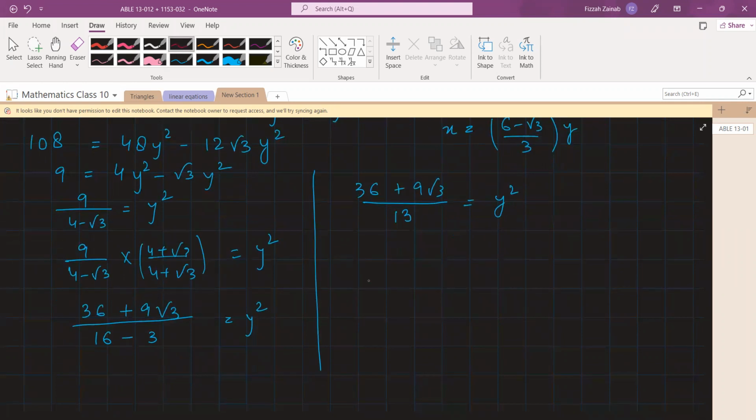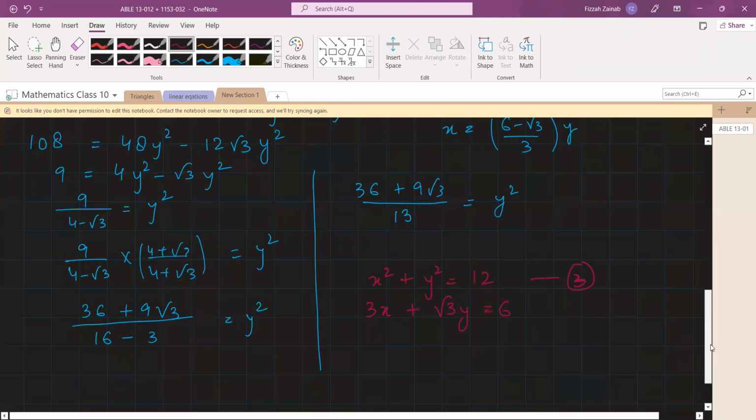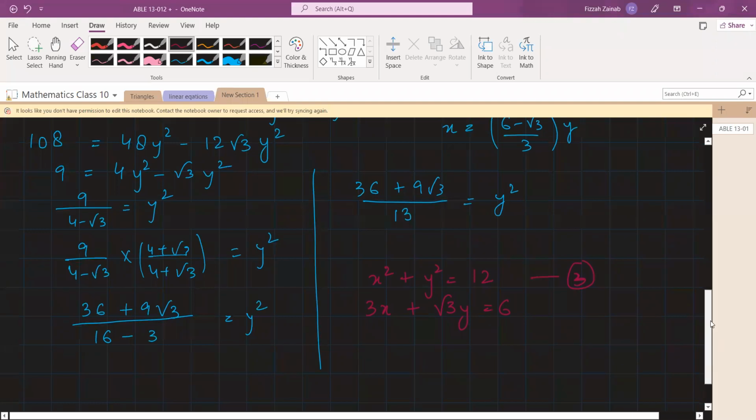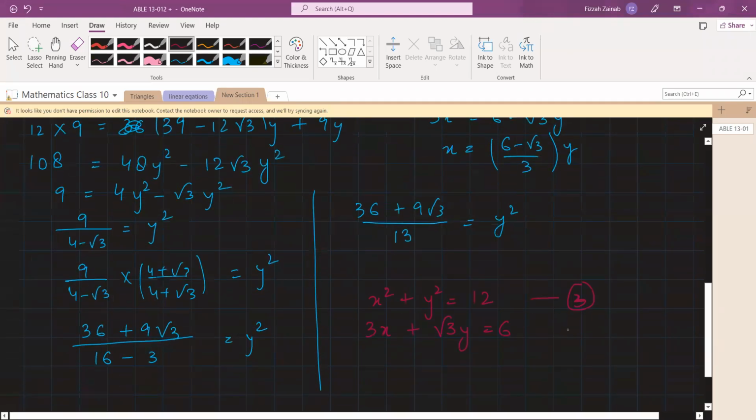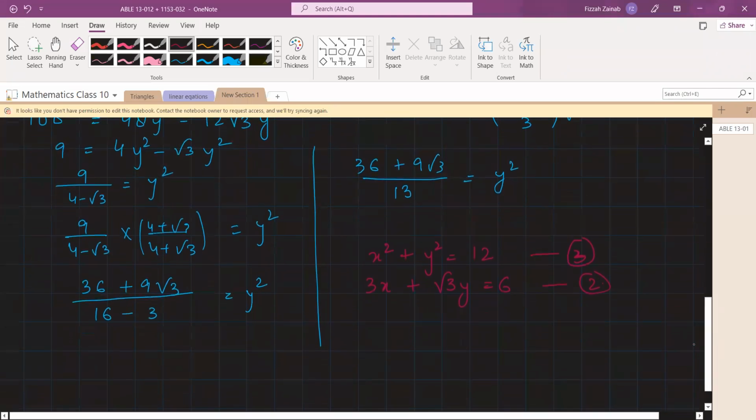So I'm just writing it again. One of the equations is x square plus y square is equal to 12, and another is 3x plus under root 3y is equal to 6, if you take a 2 common from equation number 2. Yes, ma'am. So let us find the value of y this time.